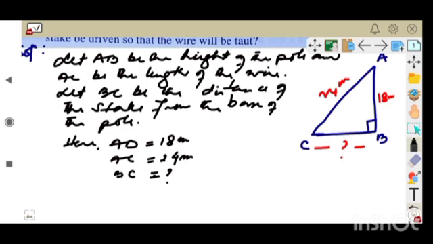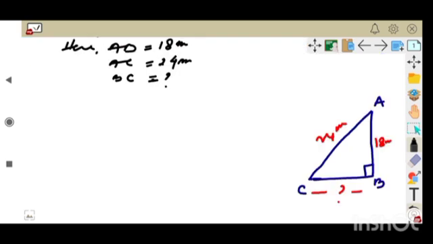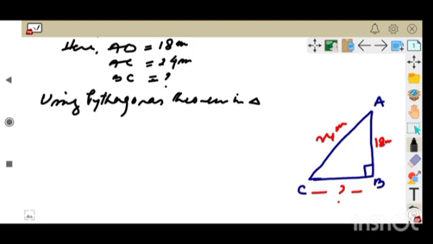So the triangle that we see here is a right angle triangle. So we can apply Pythagoras theorem. In triangle ABC, we can write AB square plus BC square equal to AC square.